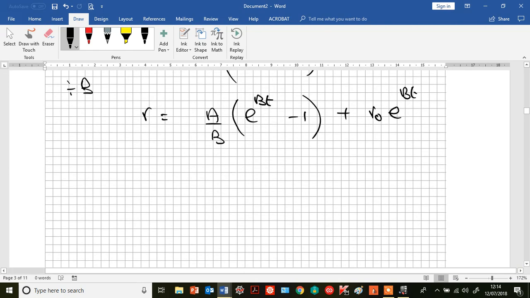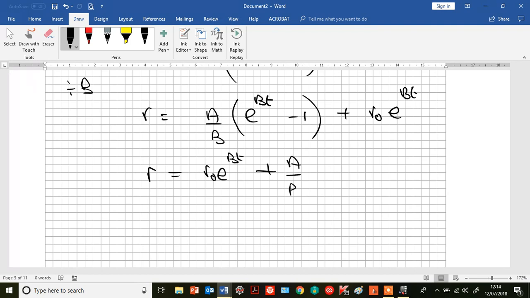And we could, of course, rewrite that as R equals R naught e to the bt. It doesn't really matter how you write this, but I just prefer to write it in this form with the R naught there times e to the bt minus 1. There you are.